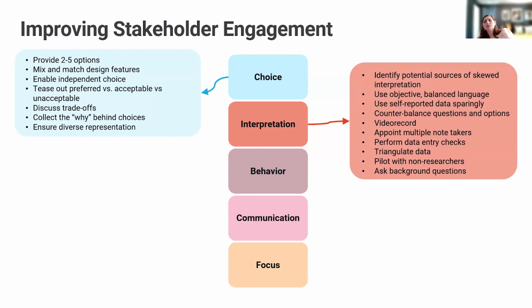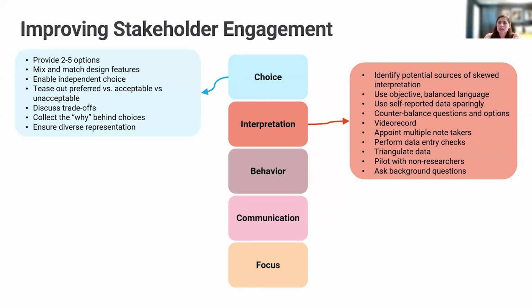Interpretation. So this comes down to making sure that you've identified potential sources of a skewed interpretation. As a researcher, you in and of yourself can be a source of skewed interpretation, and participants can as well. So it's important for researchers to try and approach a situation as objectively as possible. That comes down to the specific way that we word things.